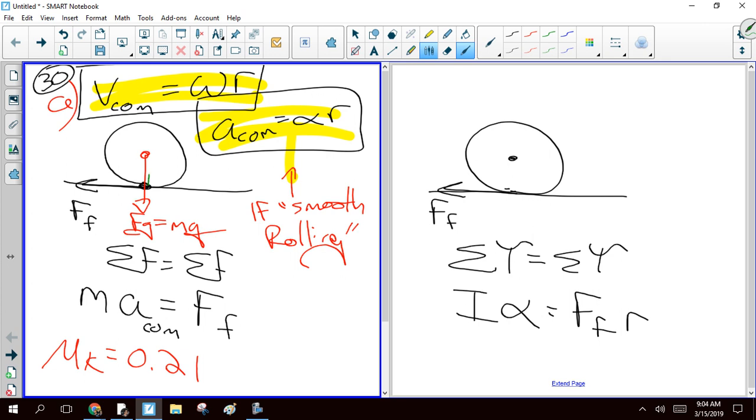Point of contact is where my normal force occurs, right? And that's also equal to mg. Oh, well that means my friction then is just the coefficient times that, right? So my force of friction is, holy moly, my board is getting all cluttered, 0.21 mg, right? Good or no? Cool?